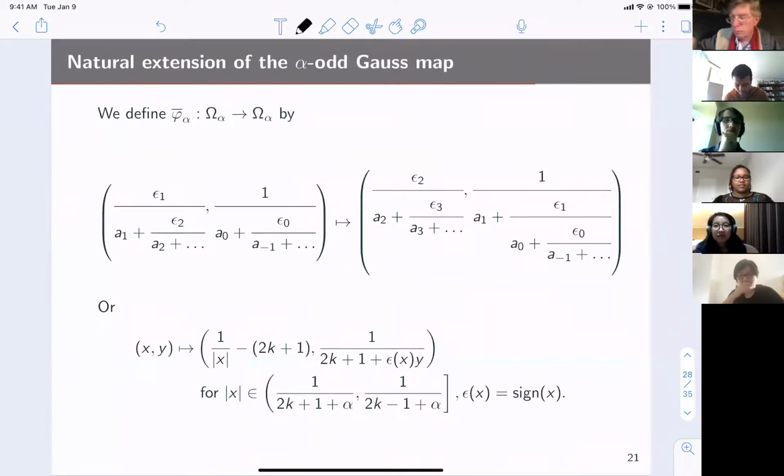To define a natural extension here, we're going to define a map on some two-dimensional set.